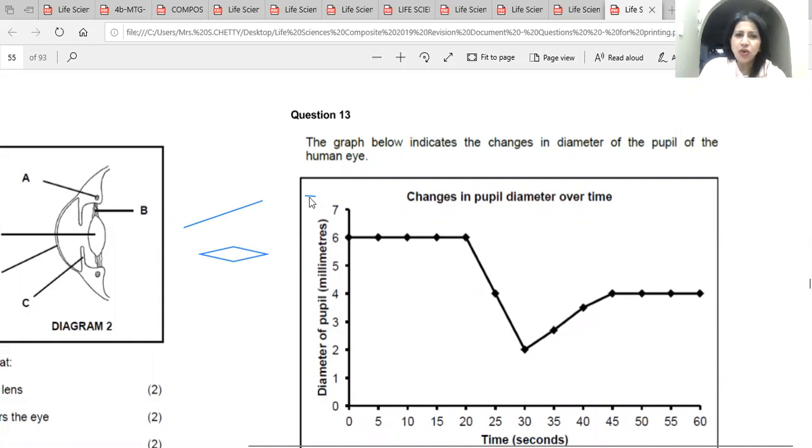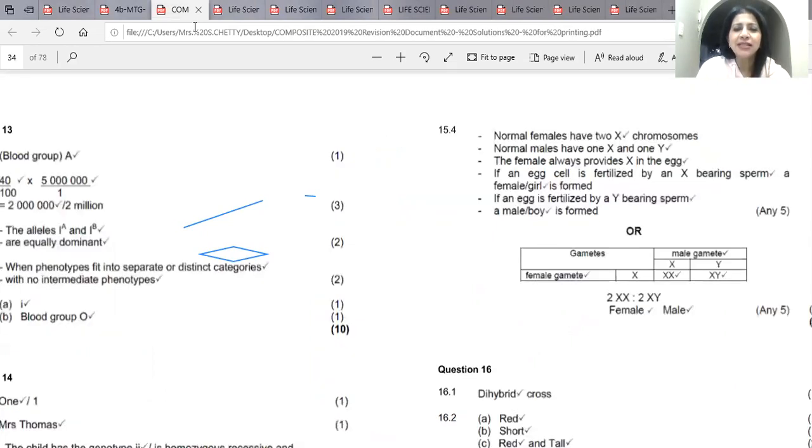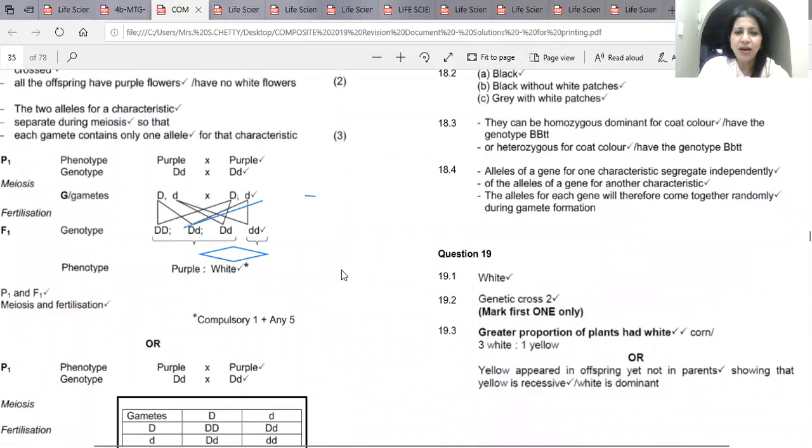So you would draw a circle for the iris and draw a little circle in the center with a 6 millimeter diameter. That's what you would do. So let me see if I can access the answers, there we go.